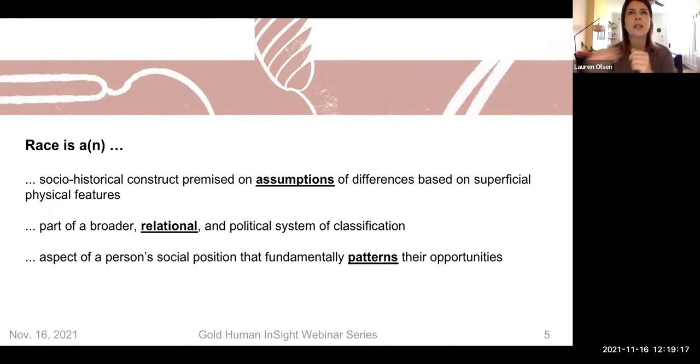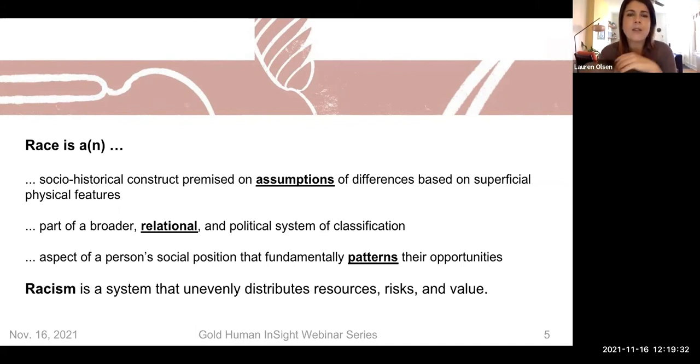What's really pivotal to consider when thinking about how race was constructed and its relationship to racism is, if we think about racism as the system that unevenly distributes resources and risks and value, often this construction of race, and especially the quest to try to define race as biological and as genetic, is really part and parcel of white supremacy.